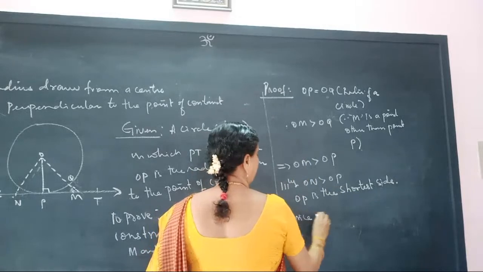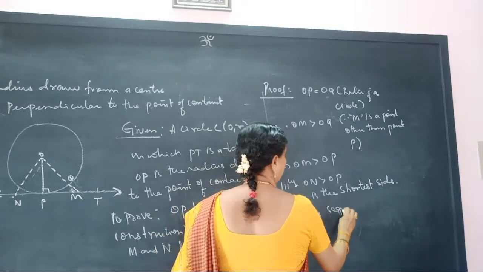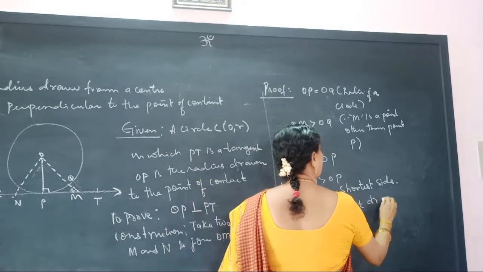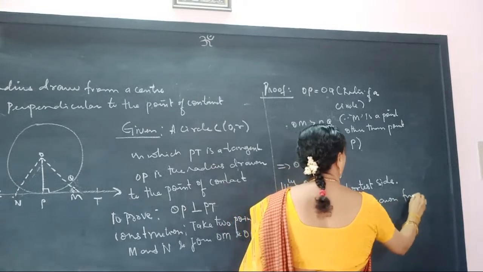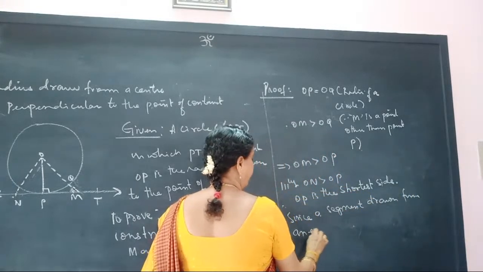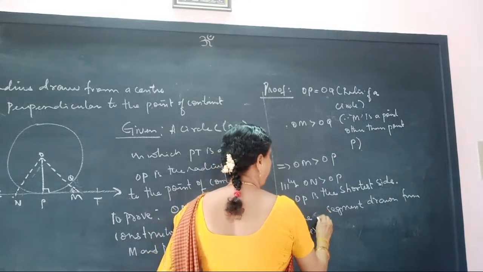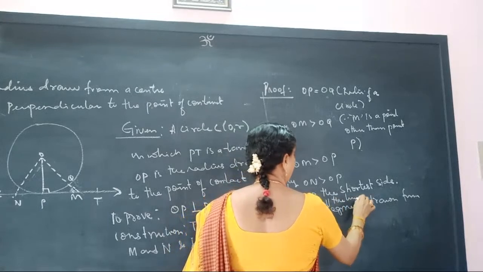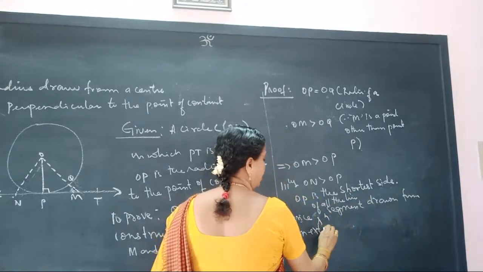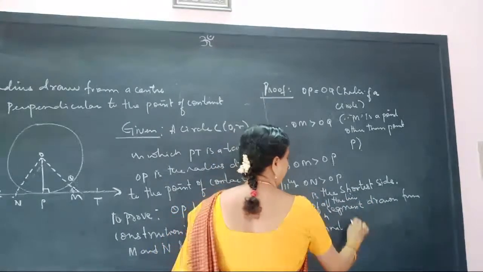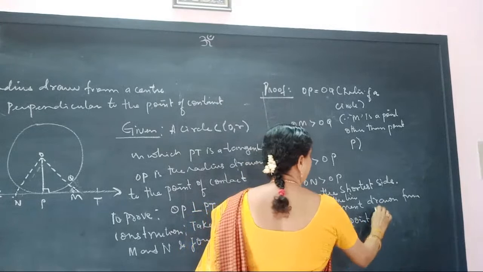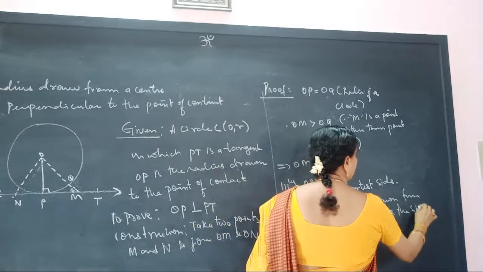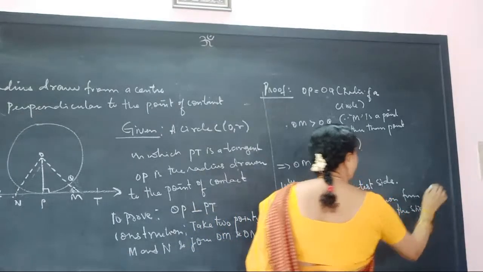Since of all the line segments drawn from an external point, the perpendicular is the shortest. This you have proved in the 9th standard, right?